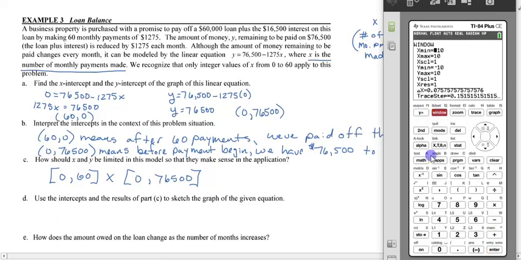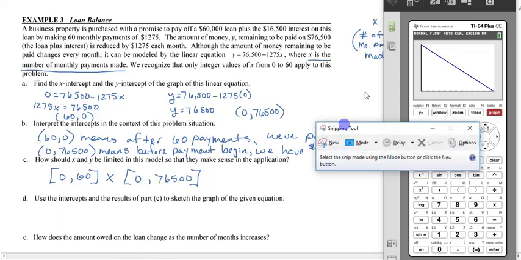And set our window from 0 to 60. And then on the y, from 0 to 76,500. And when we graph, you'll see the beginning of the loan and the end of the loan, and you can see what happens to the loan balance there.